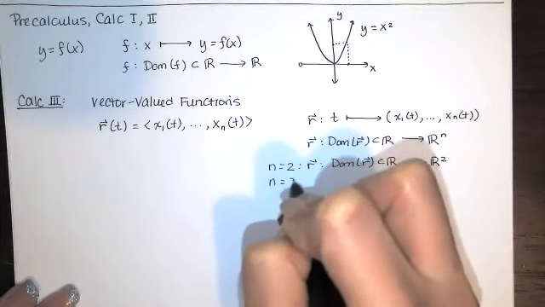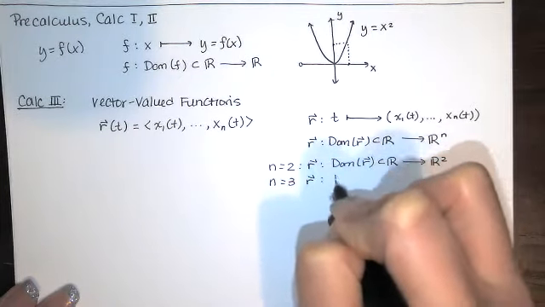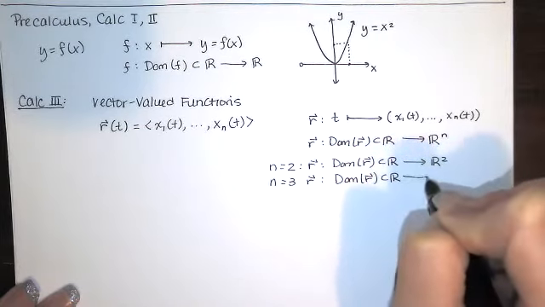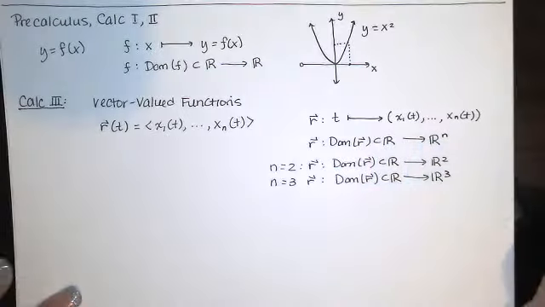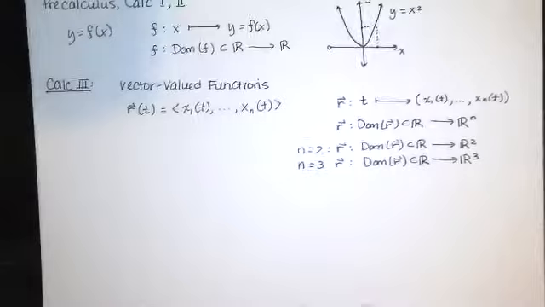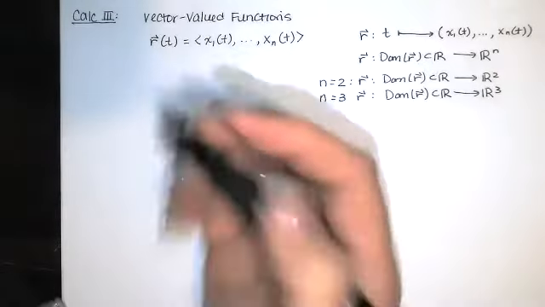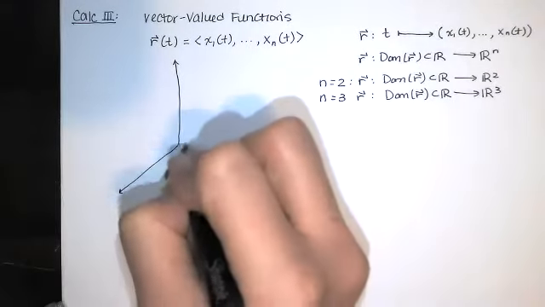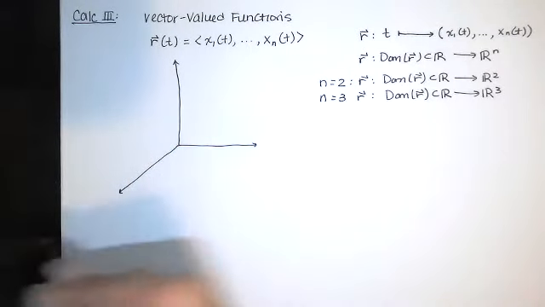Or if n equals 3, I might take a real number and map it to a point in 3 dimensions. But all of the math that we studied generalizes to n dimensions. Well, almost all of it.